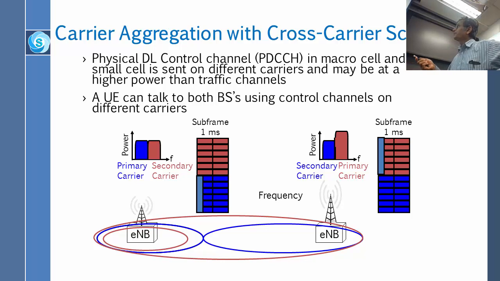Okay, so here, if you see this transmission has two frequencies, blue and green. And the green is the main carrier, primary carrier, and therefore the control is in the primary carrier. Here is the map.